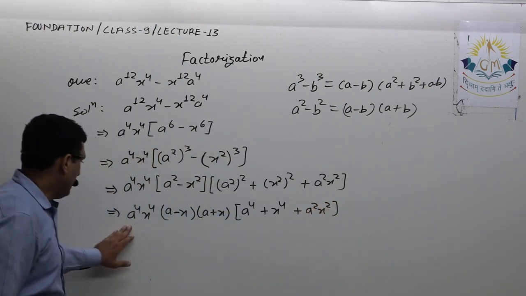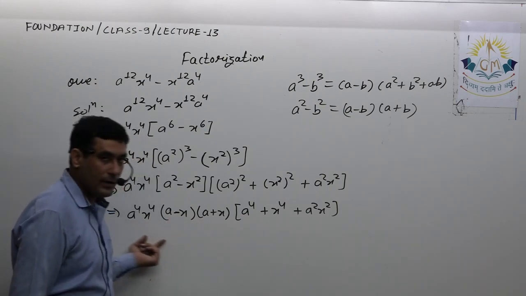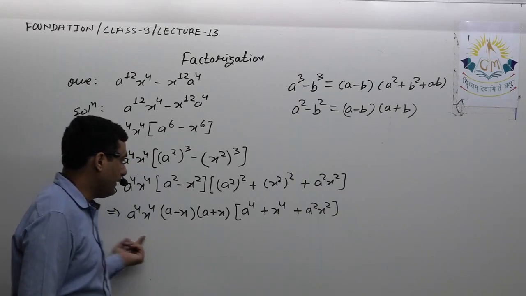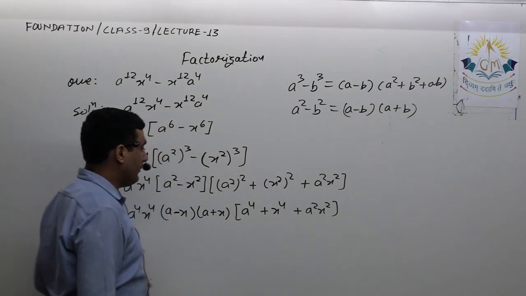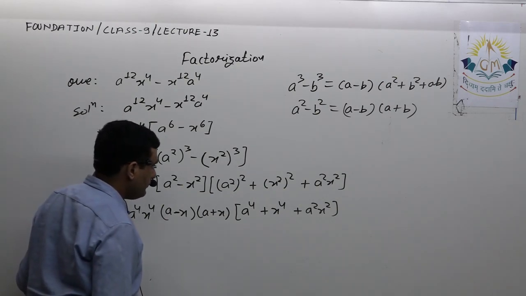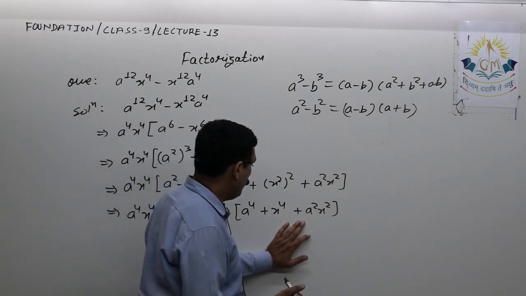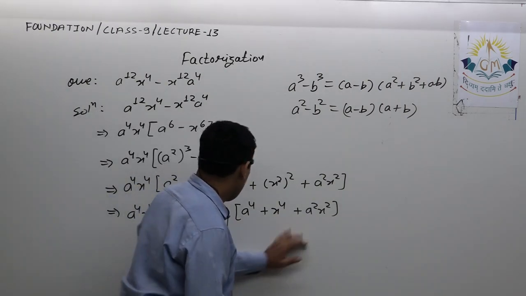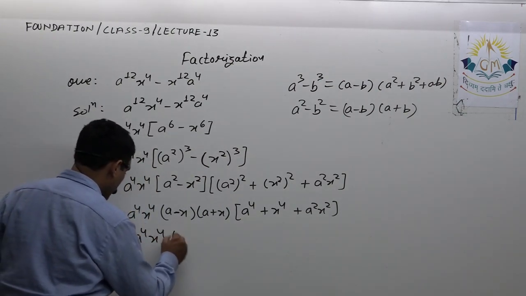Okay, now these first three terms, it is not possible to factorize them further, but here it is possible to factorize it further. How can we factorize this? See, this remains as it is, a raised to 4 x raised to 4.